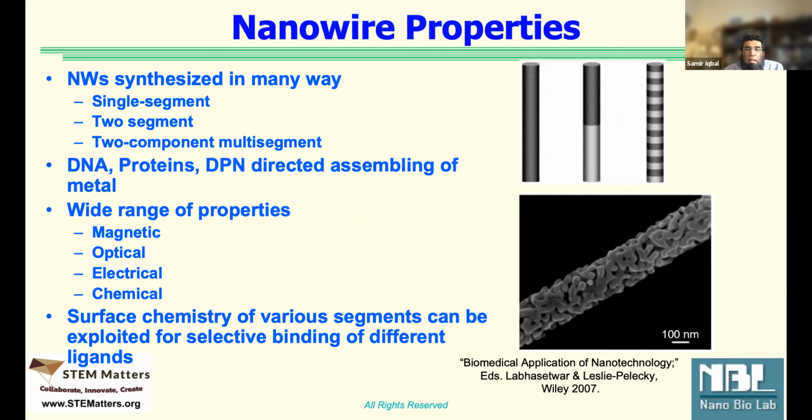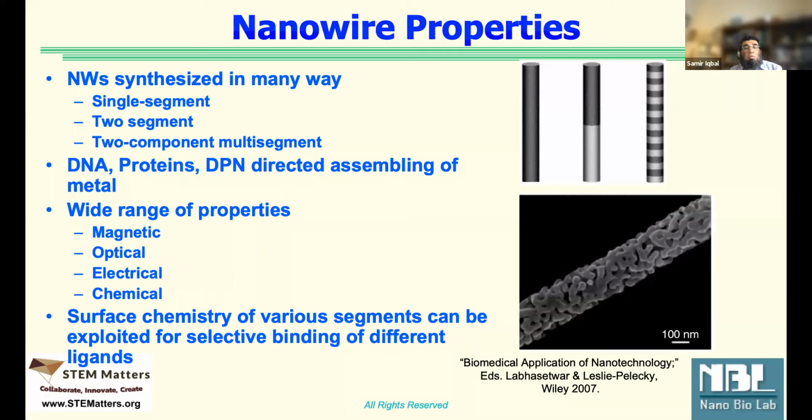We can get polymers to create nanowires, and in the polymers we can incorporate biomolecules. We can incorporate DNA. We can incorporate proteins in it. In that polymer, we can add nanoparticles, magnetic nanoparticles, conductive nanoparticles, quantum dots, to get a wide range of properties: magnetic, optical, electrical.